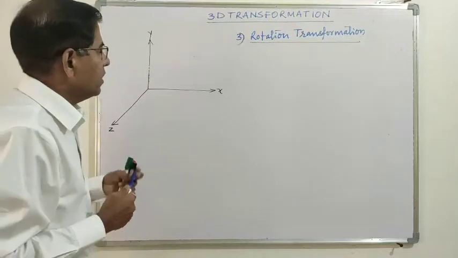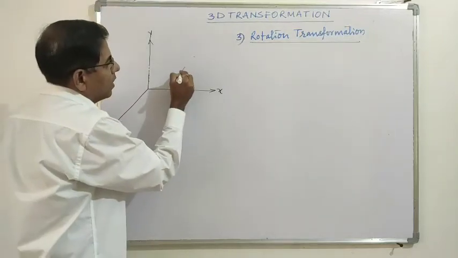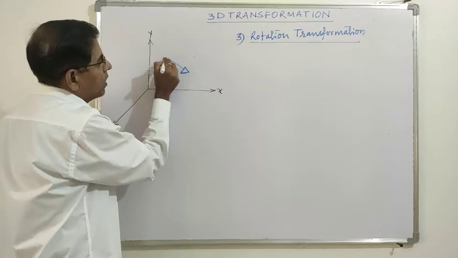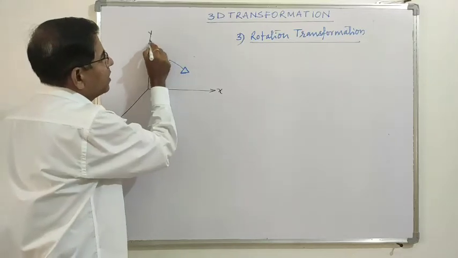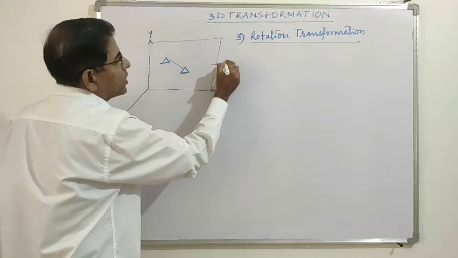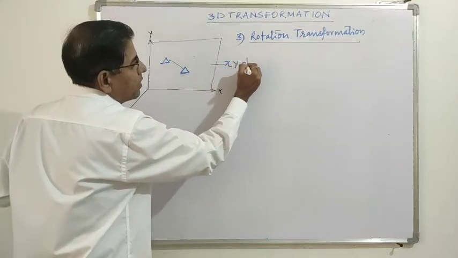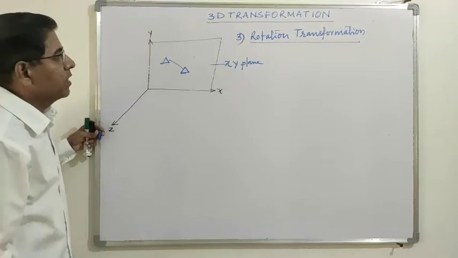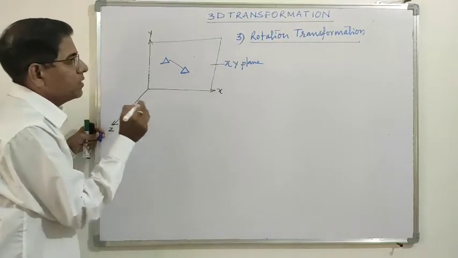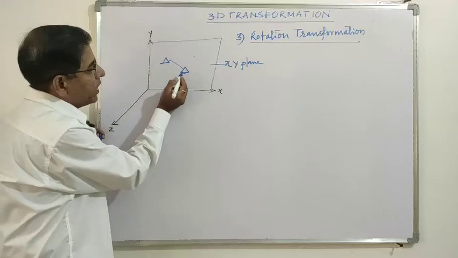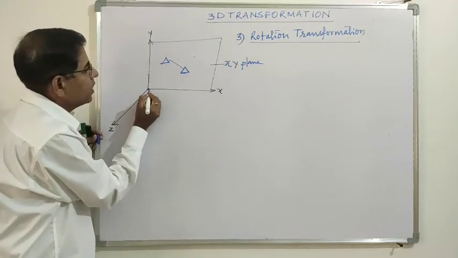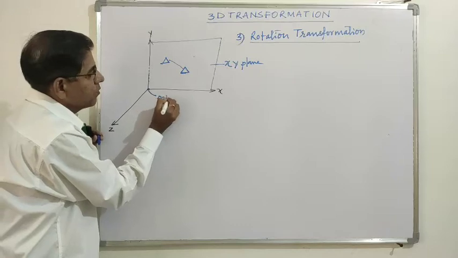Now in 2D we were rotating the object in xy plane. This is xy plane. Okay, this is xy plane. And to rotate an object, we require a point of rotation. Okay, point of rotation.